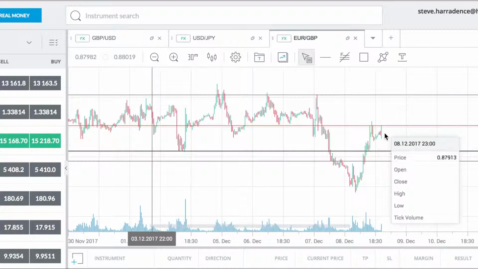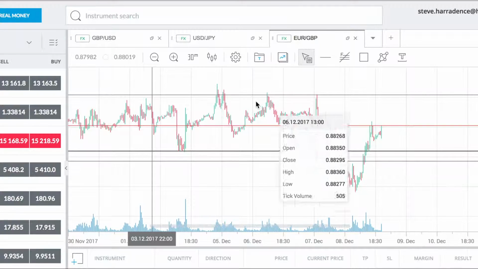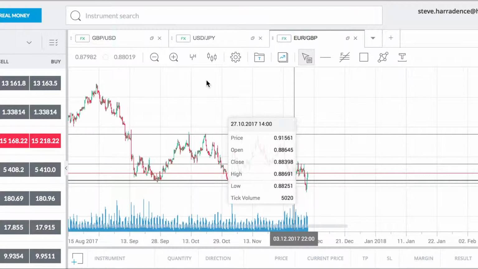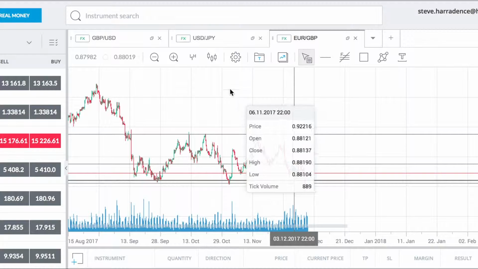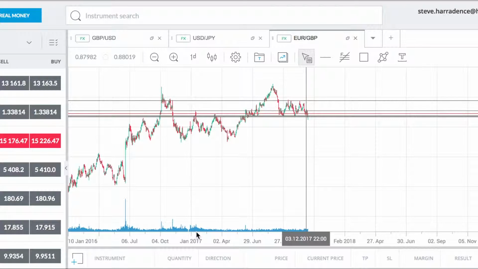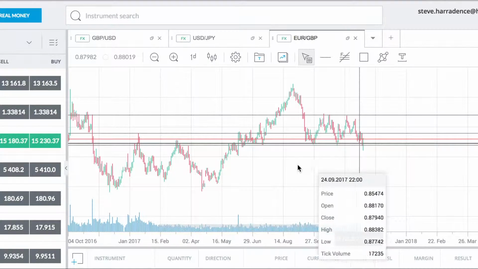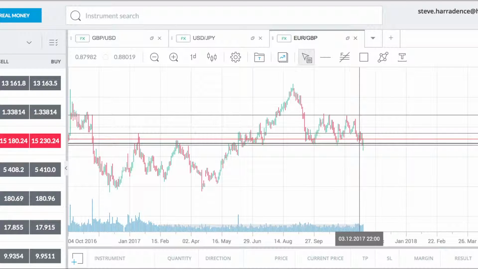If it goes below that level, if we go back to the 4 hour chart, it could potentially go for the lowest it's been for a few months. If we go back to the day chart, if it breaks those support levels, you're looking at around the 863 mark after that.